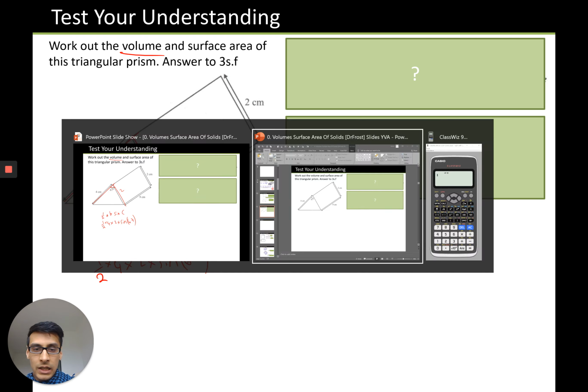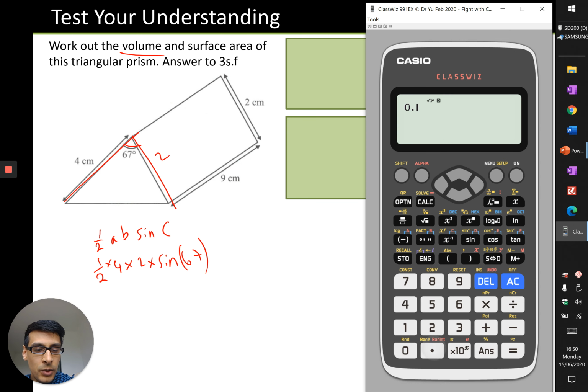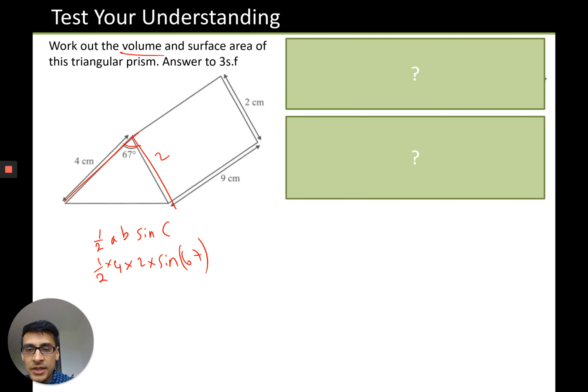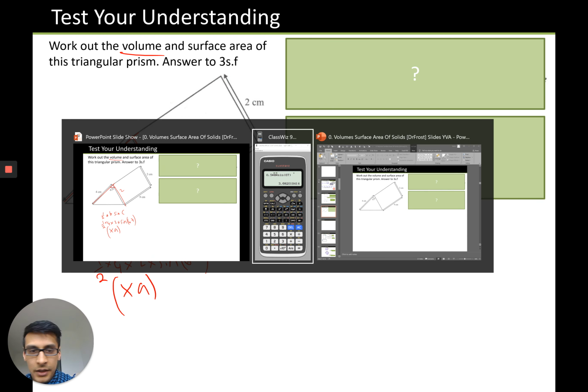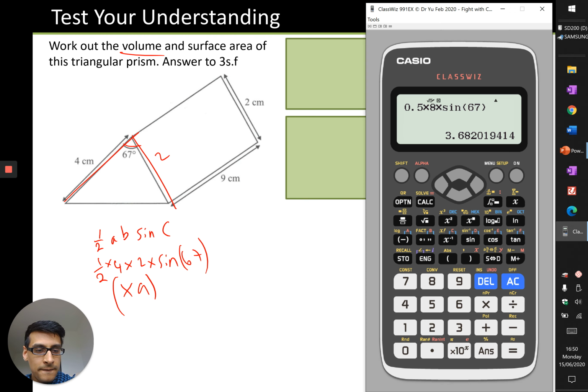On your calculator, that will give you 0.5 times 8, that's just 4, times sine 67. And it gives you 3.682, and then you multiply it by 9 because you've got the cross-sectional area times 9, and then you get 33.13.